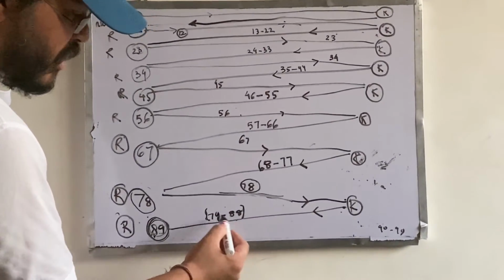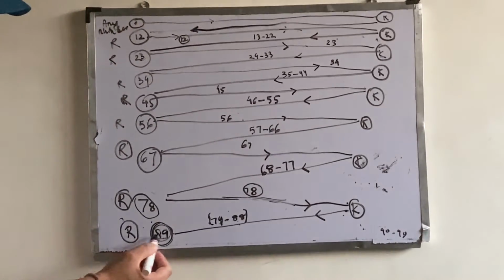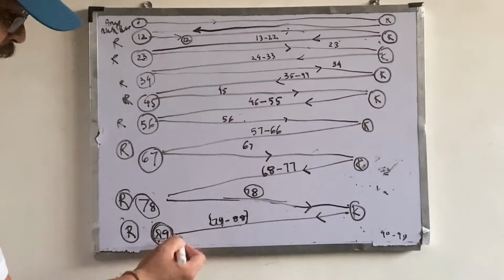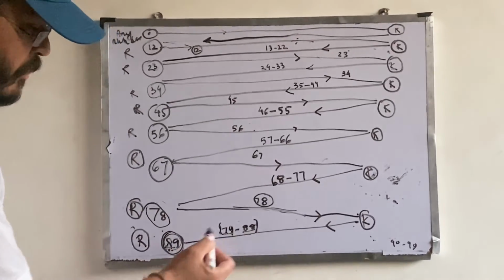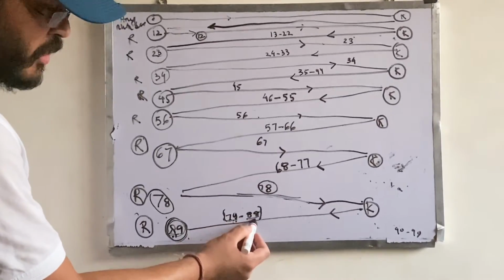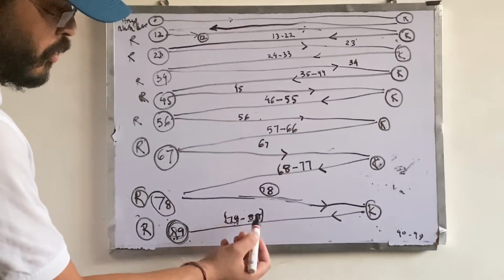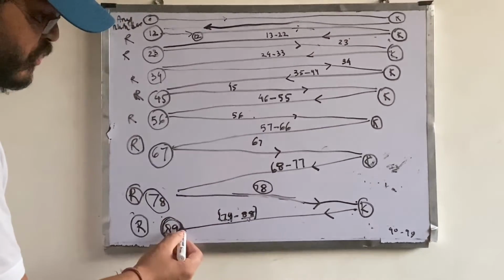If he gives me 79, I can add 10 to this and I get 89. If he gives me 88, I can add 1 to it and get 89. If he gives me any number between 79 to 88, which let's say is 70 or maybe 85, I can still make 89, right? So my intention is to make 89 here.